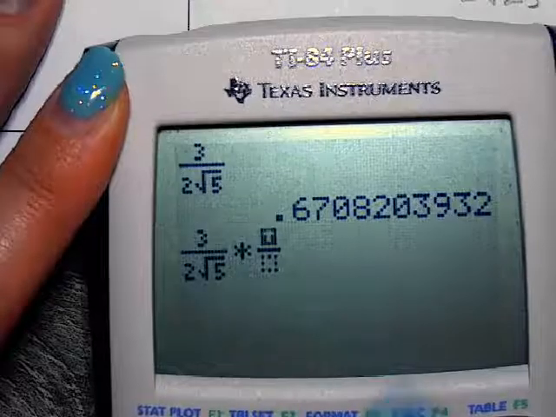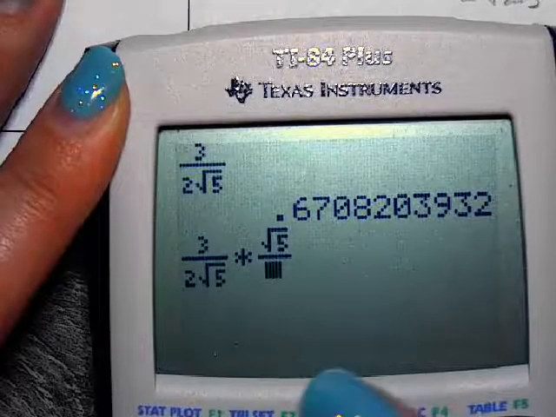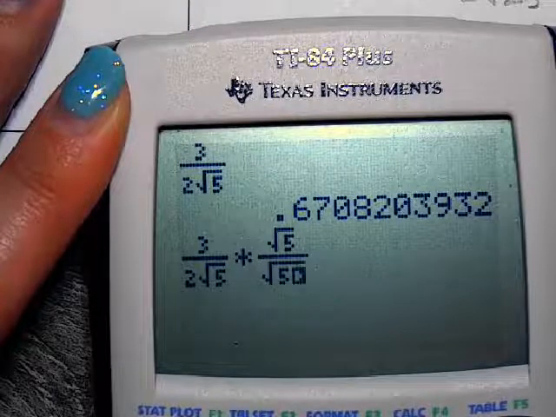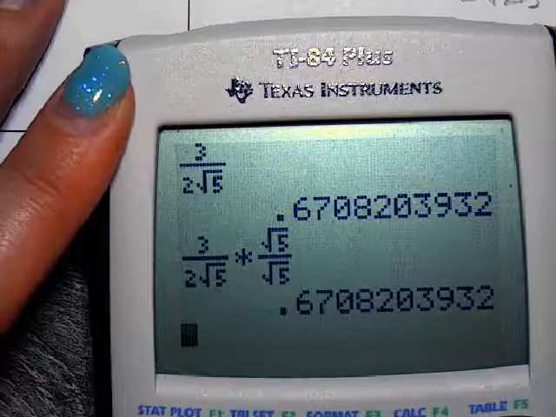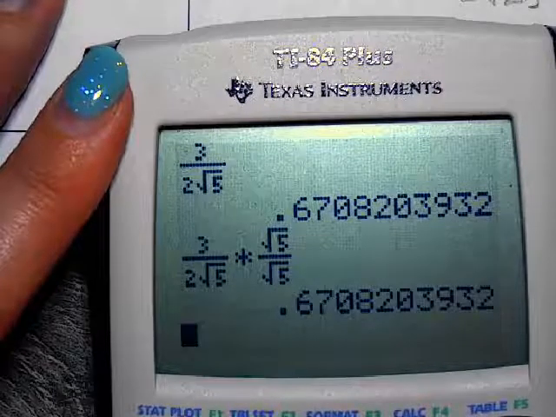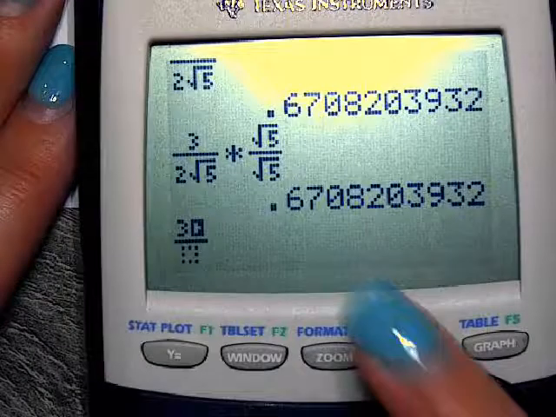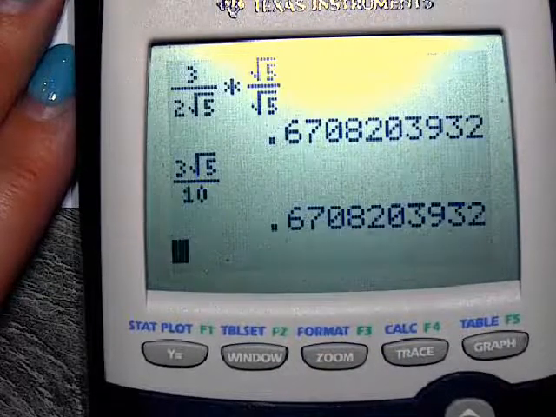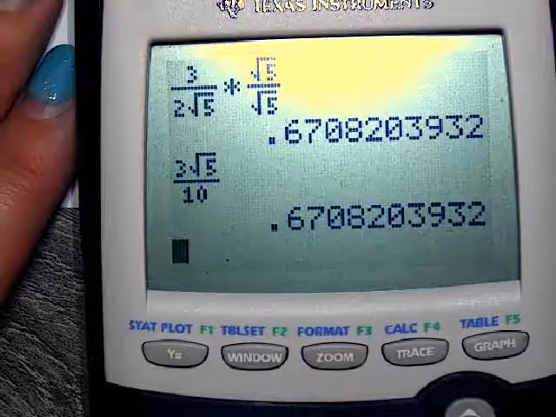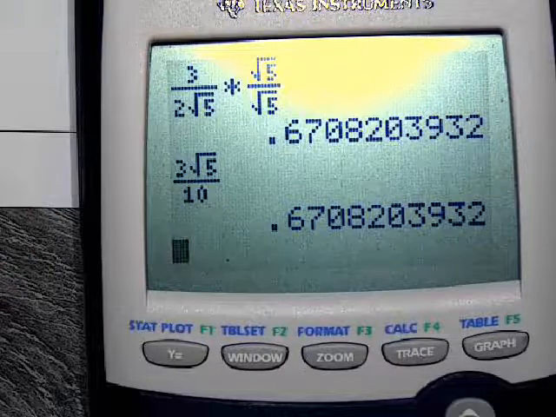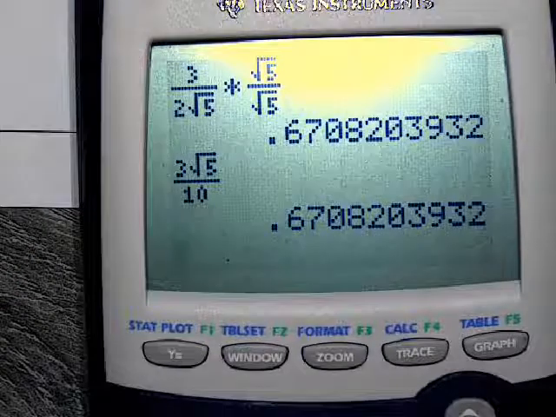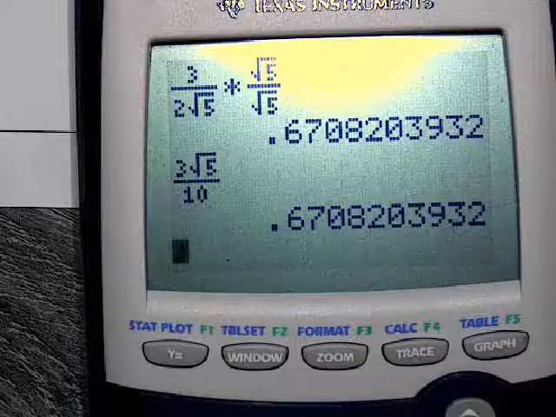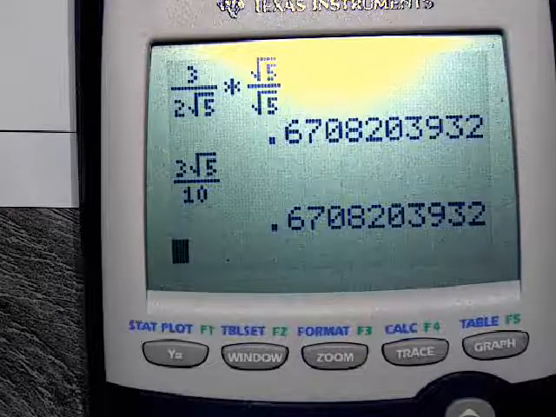So I multiplied it by 1, so it still equals the same thing. And then when I'm done, it is 3 square root 5 over 10, and it still equals the same thing. So what I've done is I've changed what the fraction looks like, but I've not changed what it equals. Okay? So that is called rationalizing the denominator.